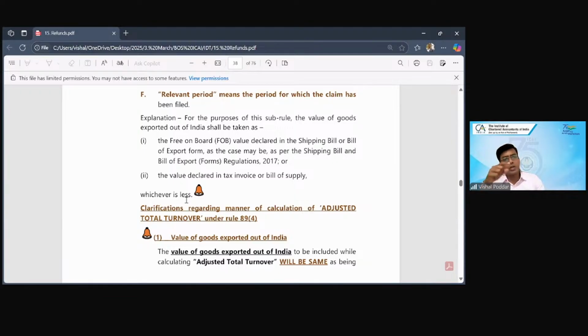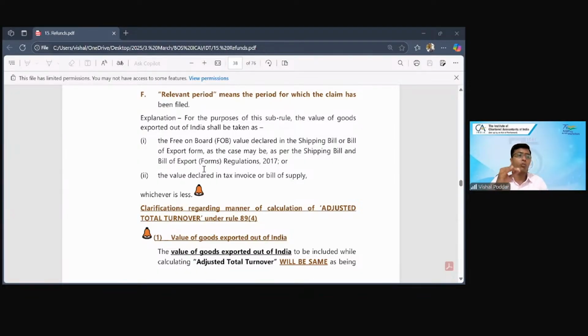So for goods, you already had that 1.5 times condition where you take whichever value is lower. Now, another condition for goods is that whenever you want to take the export value of goods, it will be the FOB price. FOB price is the free on board price, which is what you show when you file the shipping bill, the export document. On that, you show a value which is called FOB. So take that value, or the value which you are showing on your GST invoice, whichever is lower.